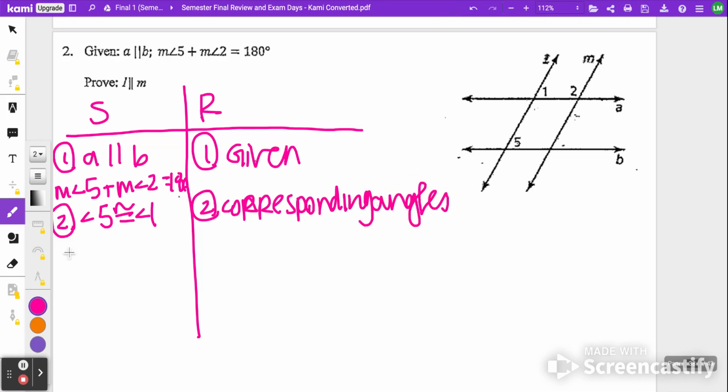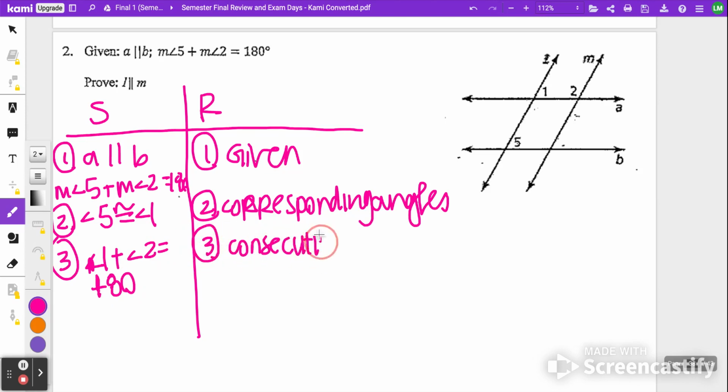Okay, so because 5 is equal to 1, that means we can say the measure of angle 1 plus the measure of angle 2 is equal to 180. This one, there are two different reasons you can say. You can say consecutive angles or supplementary.